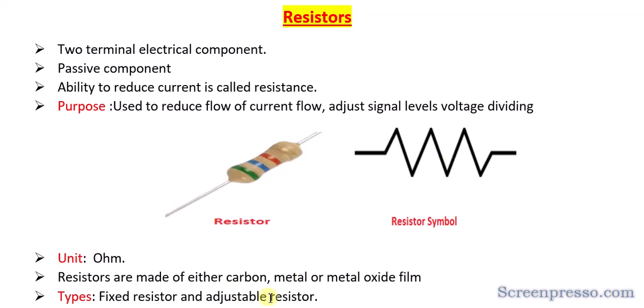If we use an adjustable resistor, also called a rheostat, then we can control the speed, as at any point of time we can change the resistance value. That means we can limit the flow of current, and if we limit the flow of current, we can control the speed of a motor. So this is the basic concept of resistors.